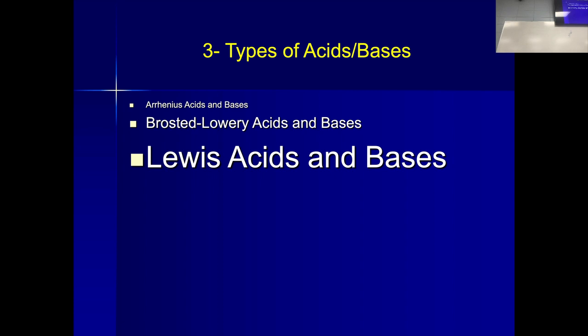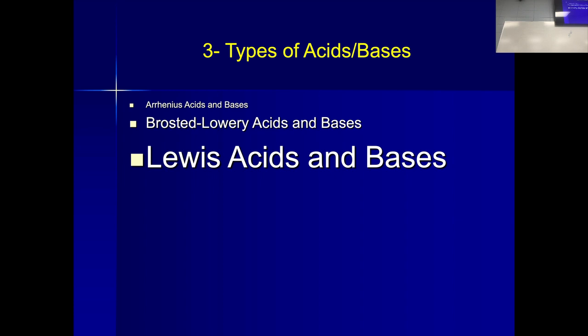So Lewis said that a Lewis acid is anything that accepts a pair of electrons. Okay? And Lewis also said a base is anything that donates a pair of electrons. And guess what? Lewis acid, Lewis base theory explains Bronsted-Lowry and Arrhenius all at the same time.